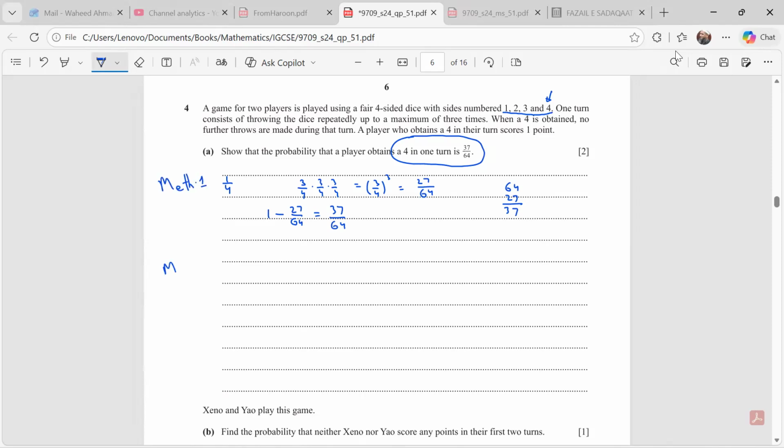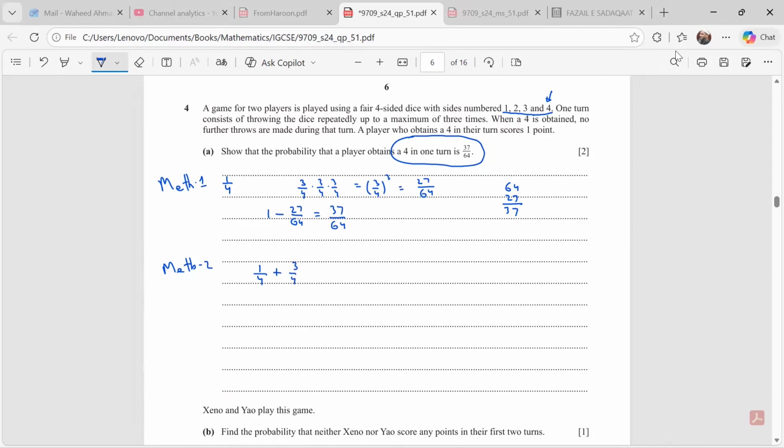Now another approach, method 2, I will call it. Let's say in the first trial, you get 4. So the probability is 1 by 4, right? The second possibility is that in the first trial you do not get 4, so the probability of that is 3 by 4, right?